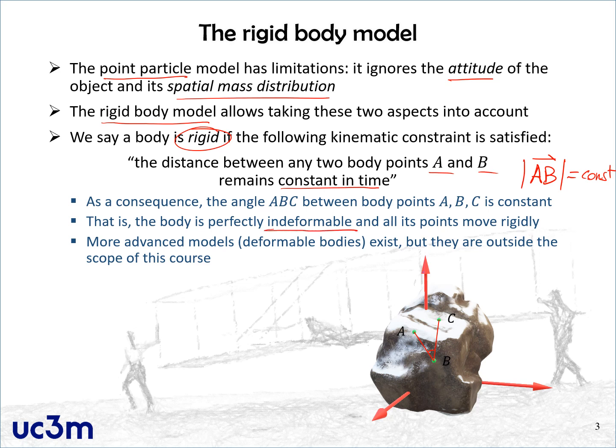So all the points will move in unison, in the same manner. In other words, they will move rigidly. Of course, there are more advanced models in mechanics, and in other courses of your studies, you will discover deformable bodies, but they are outside of the scope of this course.